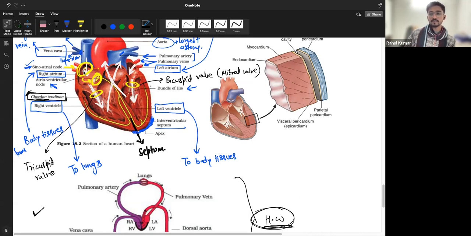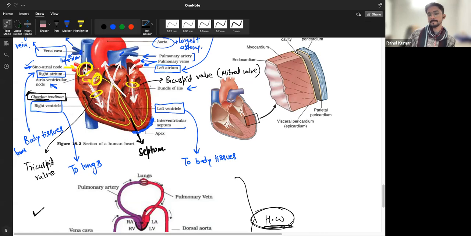But if that goes faulty, then people need an artificial machine which has literal wires placed at the right place where the SA node is, and that gives an electrical impulse every 0.8 seconds and keeps the heart beating. It's battery operated.